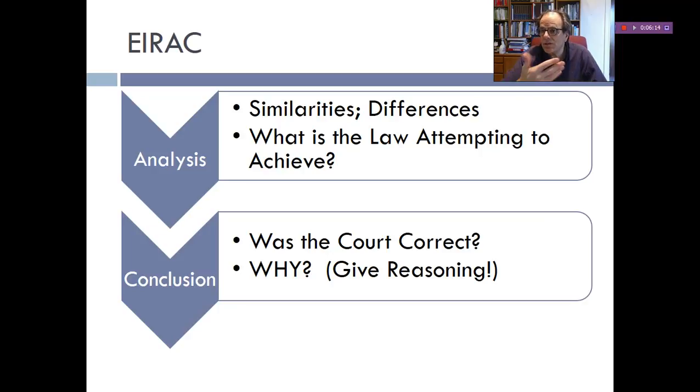For you guys, here, maybe we don't need this. In the LRP, we need to be a little more careful. Conclusion. One of the things I always want to see students do is analyze whether the court was correct. Did it get it right? And then tell me why.